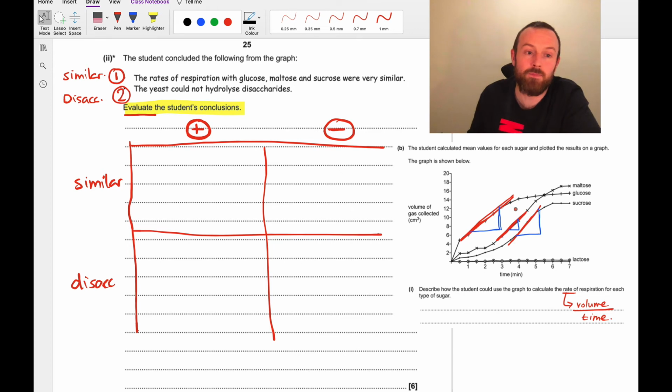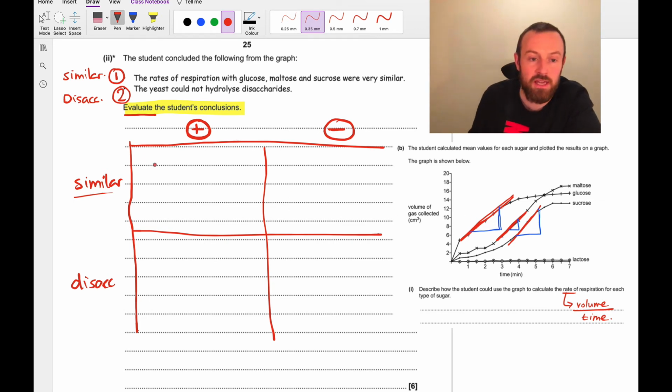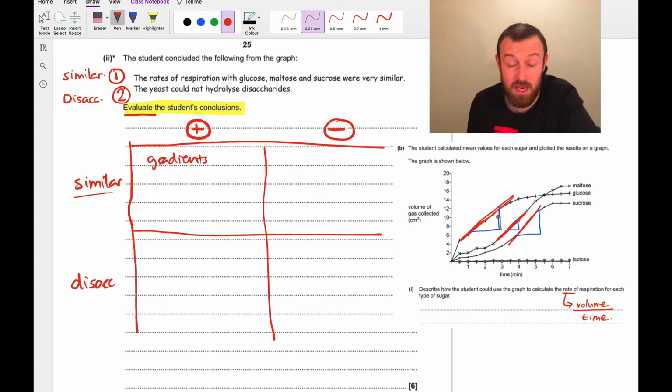Well, the first thing, let's look at the similar conclusion. The rates of respiration, glucose, maltose, and sucrose are very similar. Yeah, look at the gradients of the tangents, okay? They're all very similar. Gradients, similar, okay? They're all pretty similar. And actually, you could work out the gradients for each one and state them, and the fact that they're all very similar.